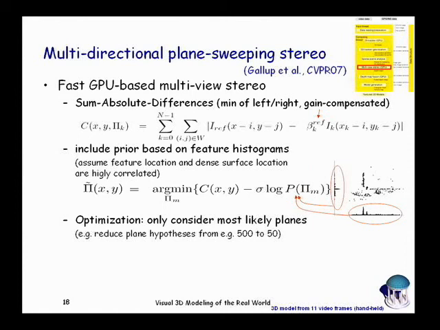If we look at these histograms, that basically gives us a good prior, assuming that there's a correlation between where we found feature points and the actual surfaces, which is very likely. Then the most likely positions for surface points are going to be here and here. And in the other direction of the sweep it is going to be here and maybe a little bit there and there. And of course, the ground plane is also going to come out very strongly there.